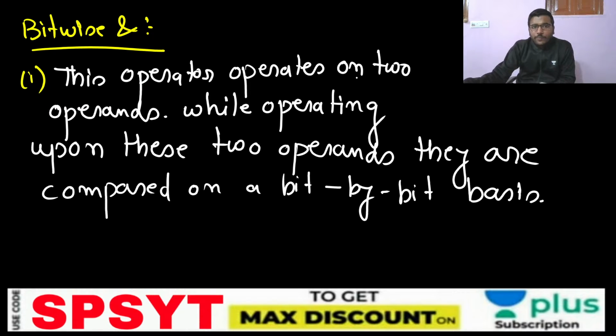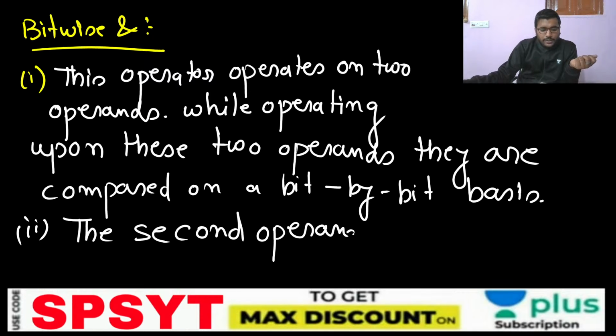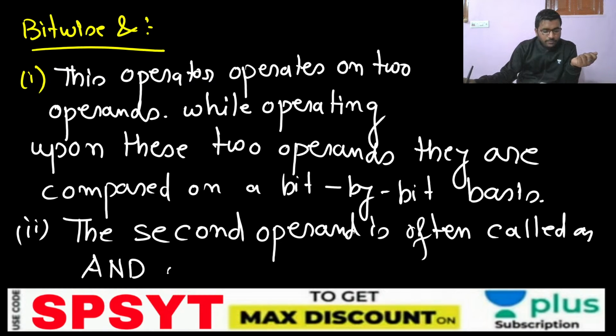This operator operates on two operands, and it is performed bit by bit. The second operand is often called the AND mask.